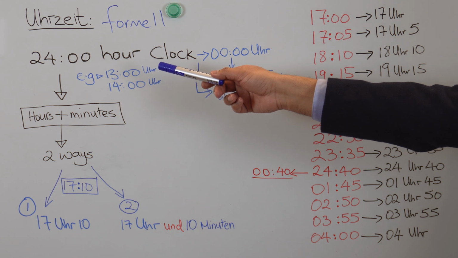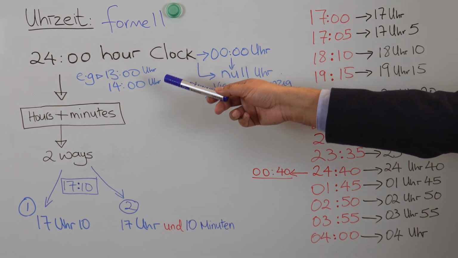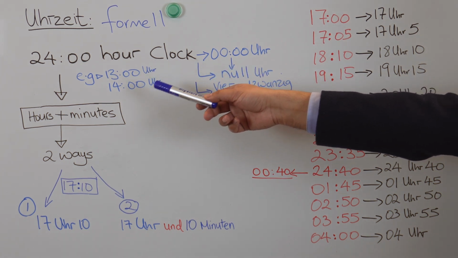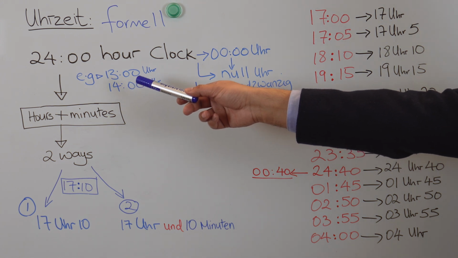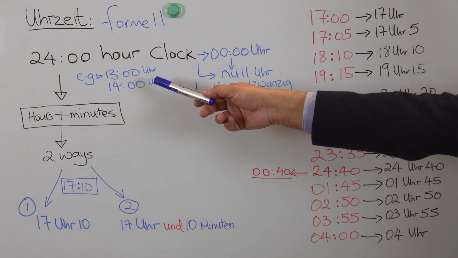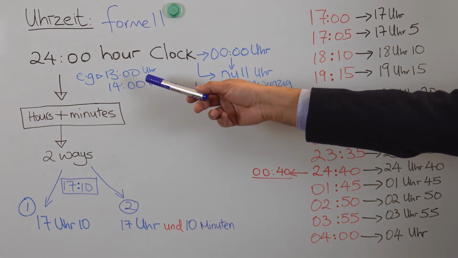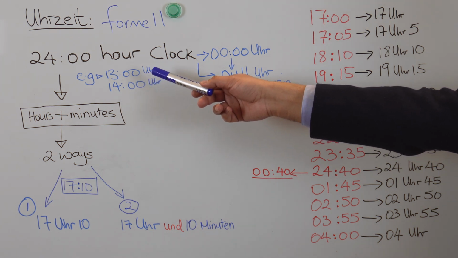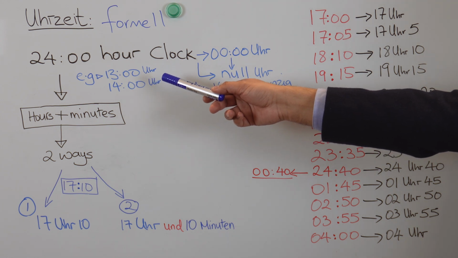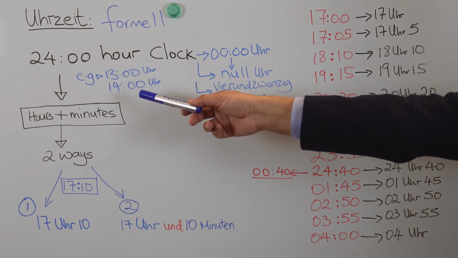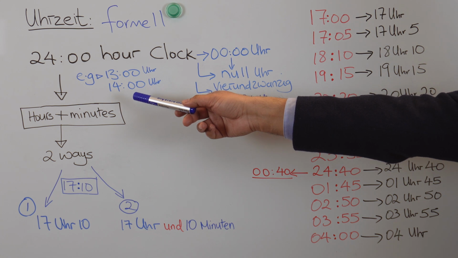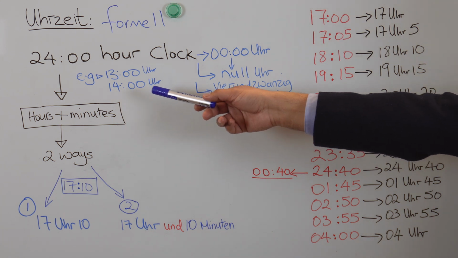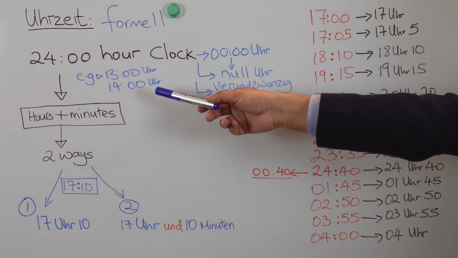It is a 24-hour clock, and when you tell the time, for example, 1 o'clock will be 13 hours in English, and in German you will say 13 Uhr. The 2 o'clock will be 14 Uhr, like 14 hours in English.